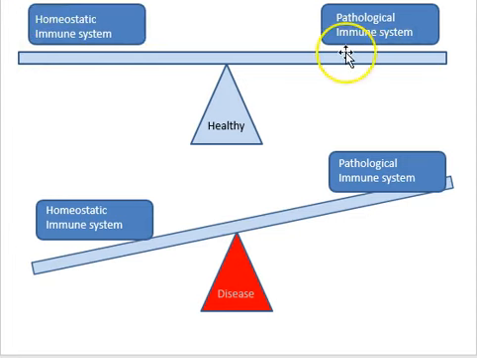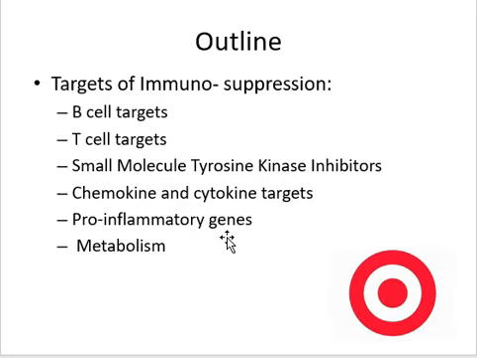In a normal healthy patient, this balance is maintained, and it's in the patients that have diseases, and this is a lot of diseases actually, where you see a pathological immune system being a little bit more aggressive or stimulated, and you see the homeostatic immune system being suppressed. Okay, and a lot of this contributes to disease in a wide variety of different pathologies and pathophysiologies.